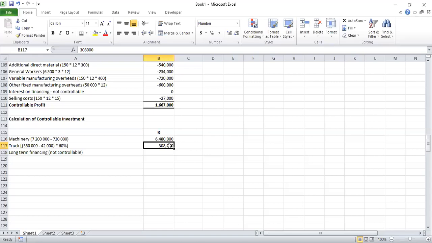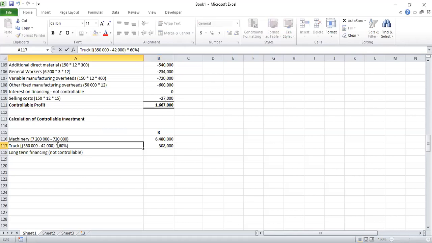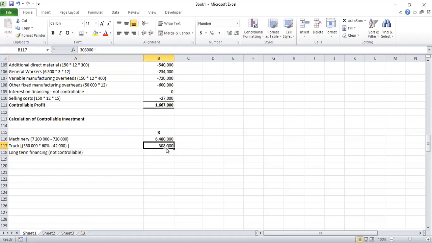Actually, the 42 is already multiplied by the 60%, so we should multiply only the 350 by 60%. Otherwise we'd be doing it twice on the 42. What do we get? 168,000.